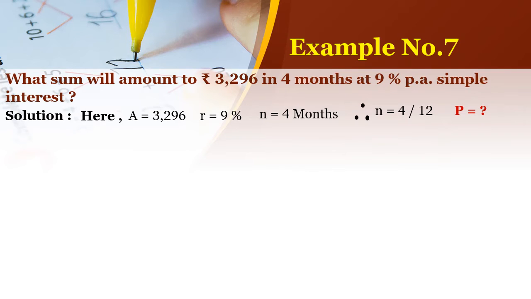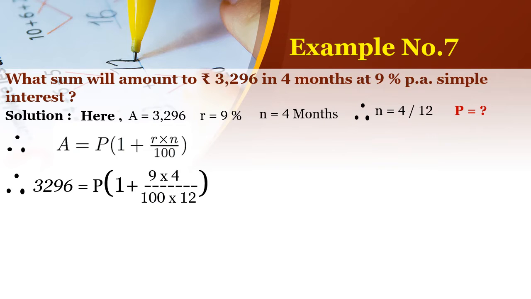So now here we use the second formula we learned in the previous video. The second formula here is A is equal to P in bracket 1 plus R into N upon 100 bracket complete, and putting the value in the formula. Therefore 3296 is equal to P, because we find P here.